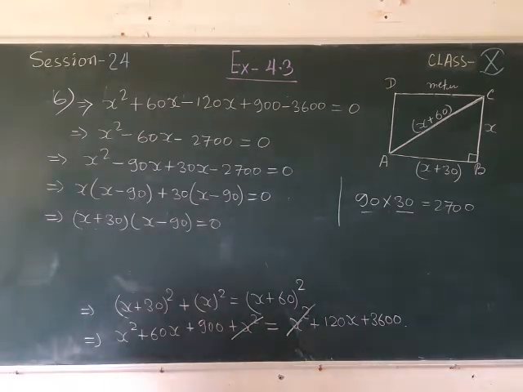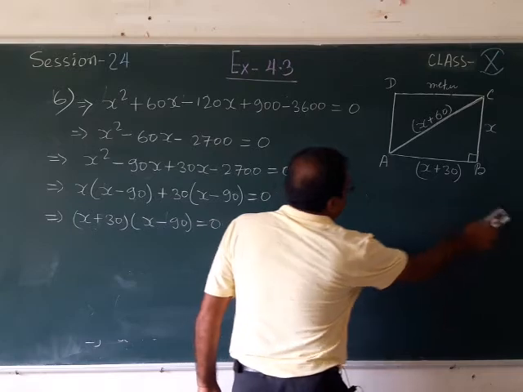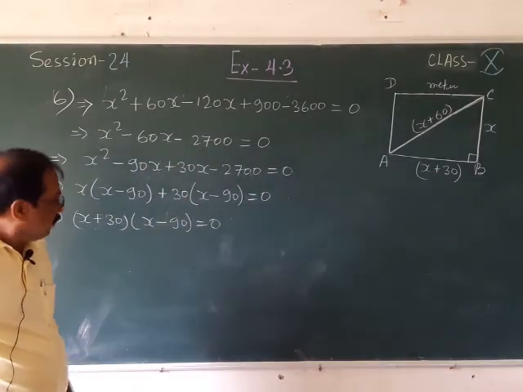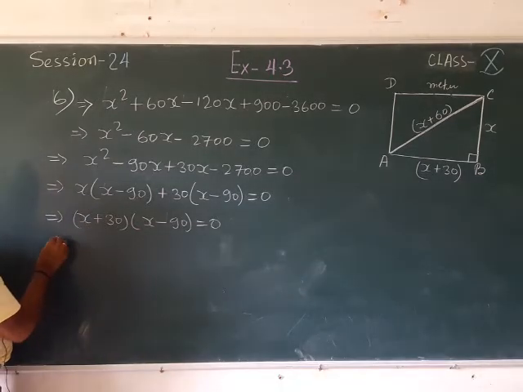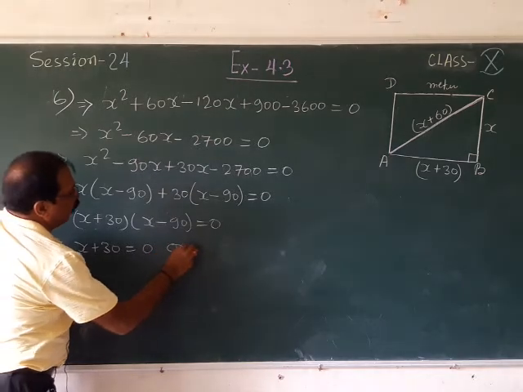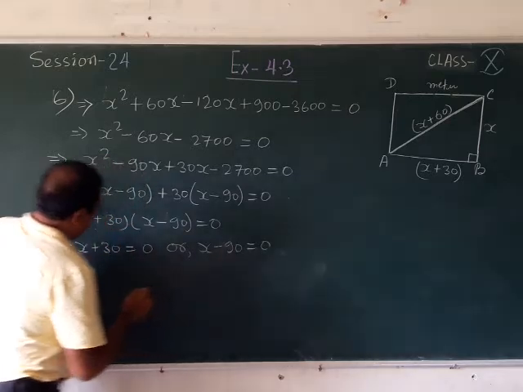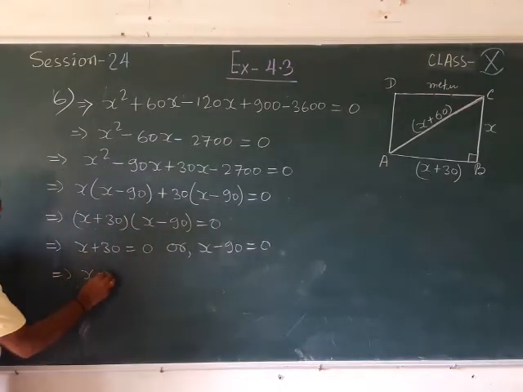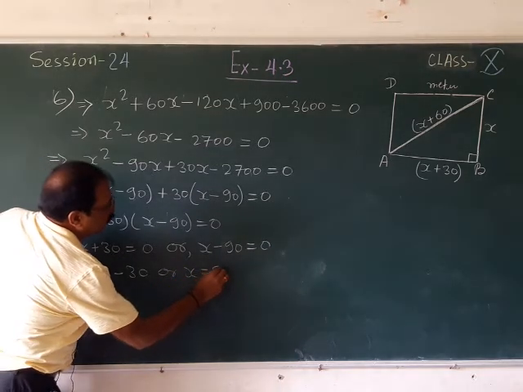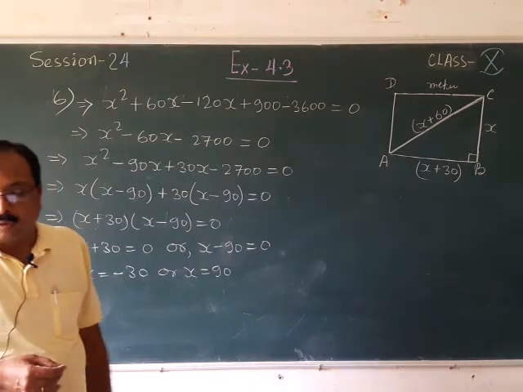Now, you have got the factors, so you can get the value of x also. We can write x plus 30 equal to 0 or x minus 90 equal to 0. So further x equals minus 30 or x equals 90.